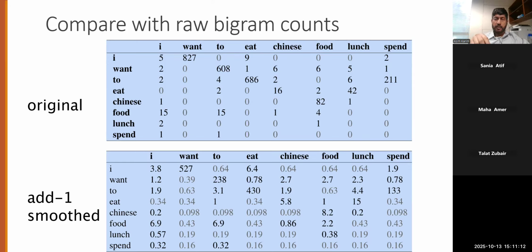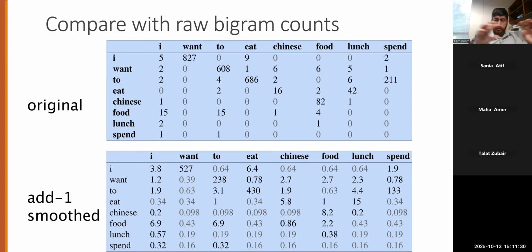So after you did Laplace smoothing on this corpus, the reconstituted count of Chinese food, meaning that you have removed probability mass from this bigram to others that are 0, वो 8 बन गया. So 82 से 8 आ गए आप. Why has it been reduced?